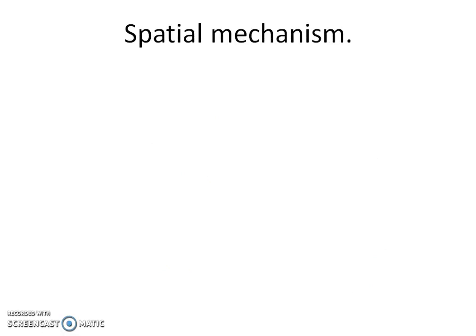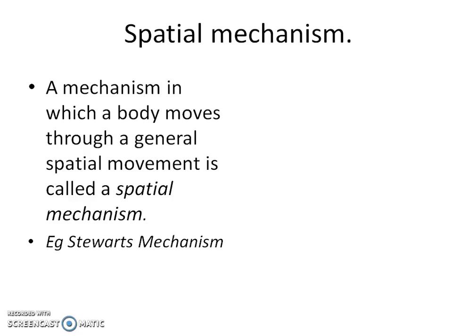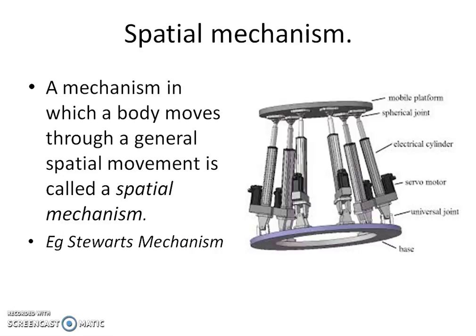The third category is spatial mechanism, in which the components are allowed to move in 3D space. A best example is Stewart's mechanism, in which the components or the actuators, as seen over here, electrical cylinders, allow this top plate to move in 3-dimensional space.